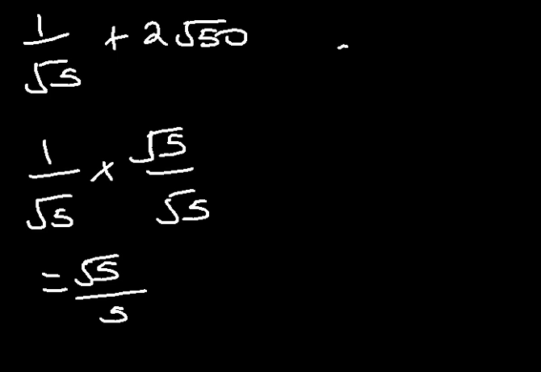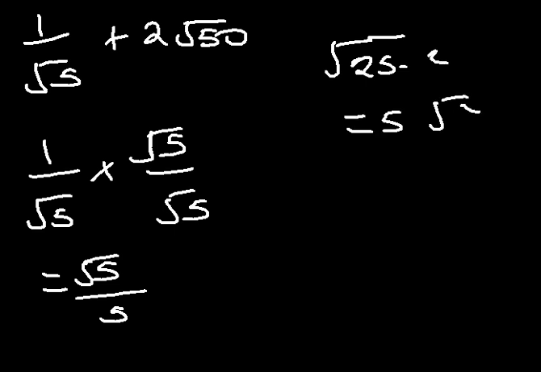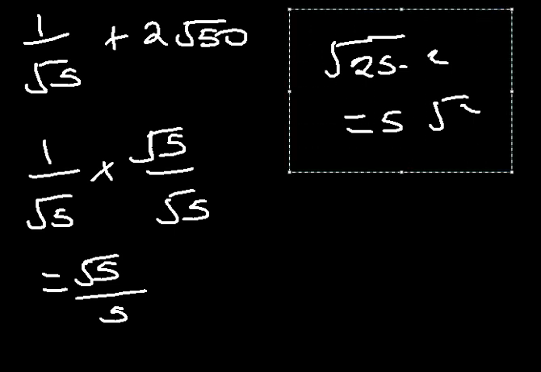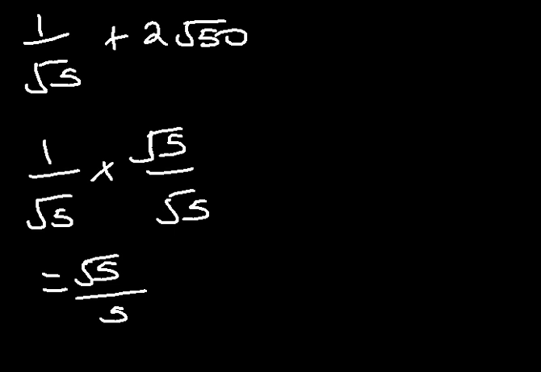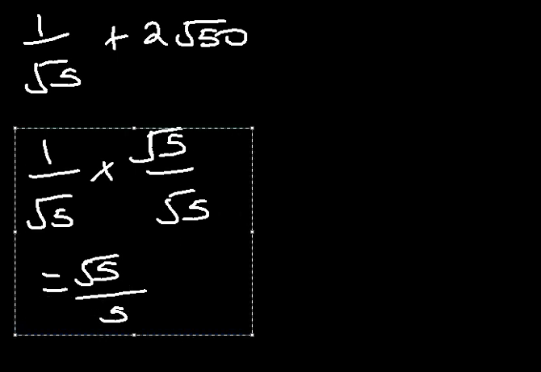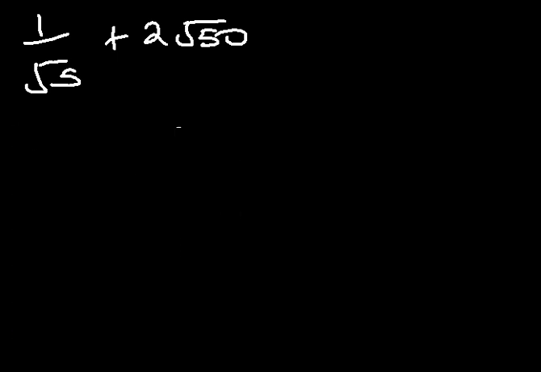So what is the square root of 50? This is the same as 25 times 2. That corresponds to 5 times root 2. Yeah, of course, that's the way. So which means we'll have root 5 divided by 5, plus 10 root 2.